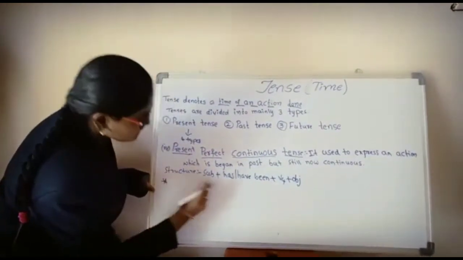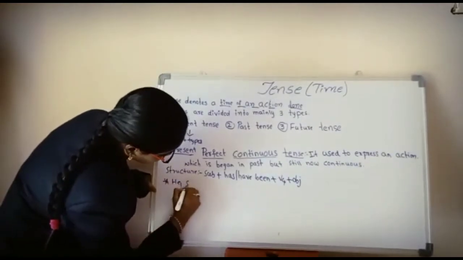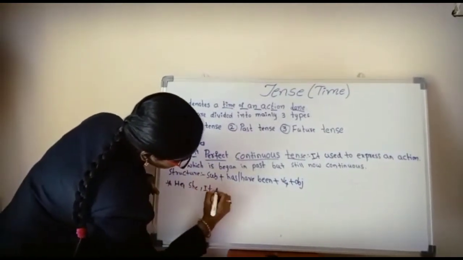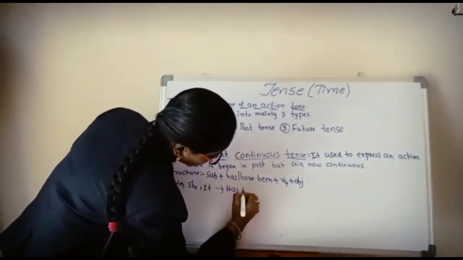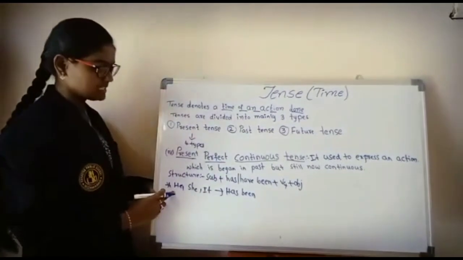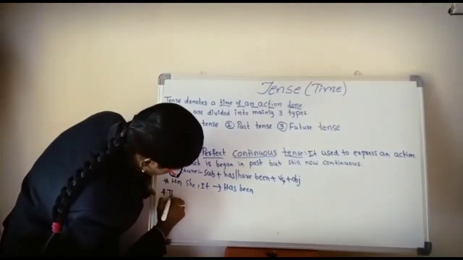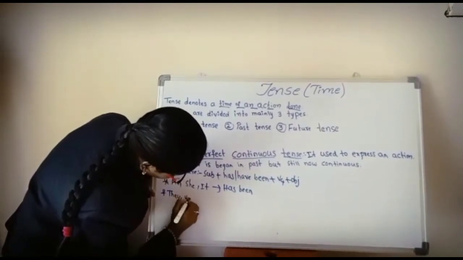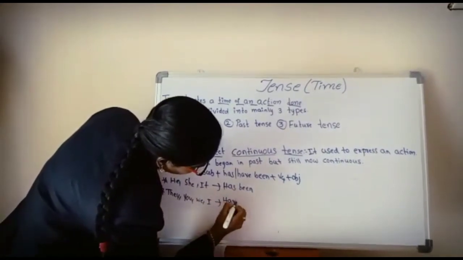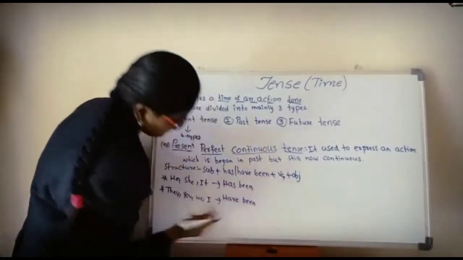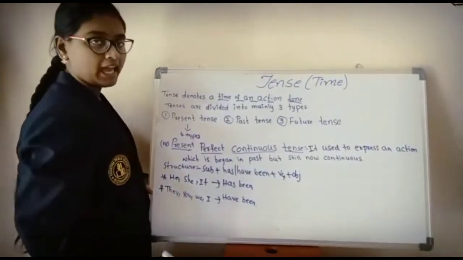Then when we use has been, when subject is he, she, it, we use has been. And when subject is they, you, we, I, we use have been.